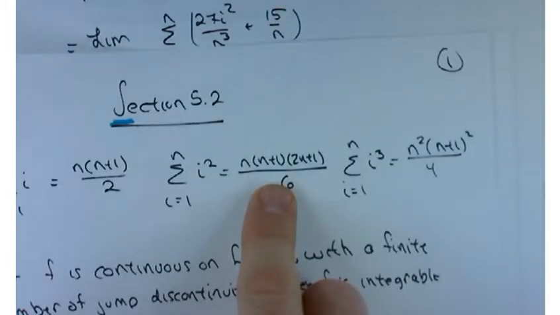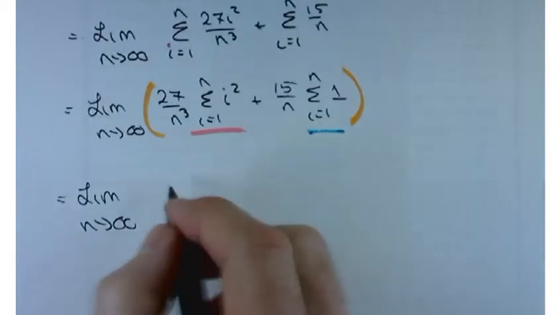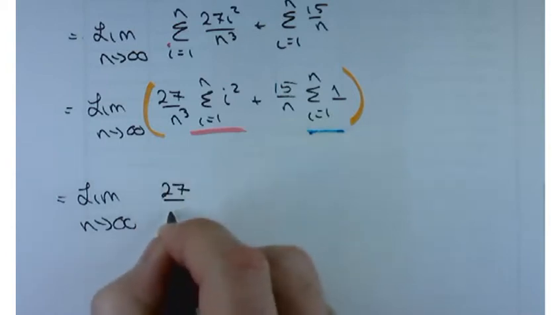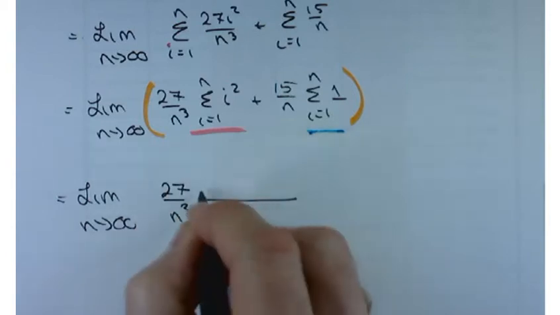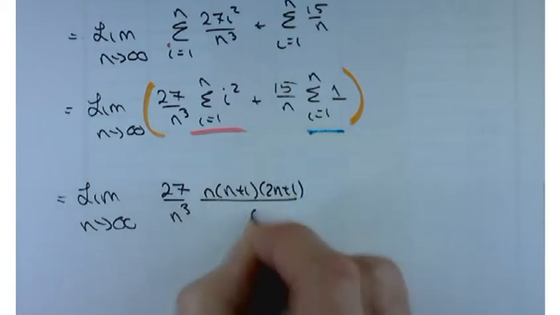That's this formula: n times n plus 1 times 2n plus 1 over 6. So it's going to be the limit as n approaches infinity of 27 over n cubed, times n times n plus 1 times 2n plus 1 over 6.